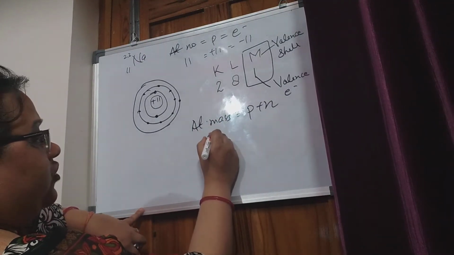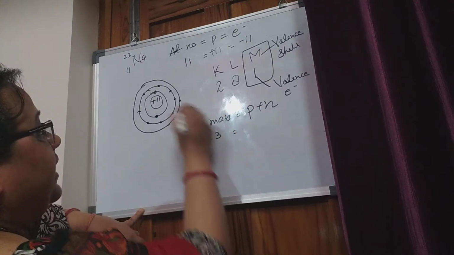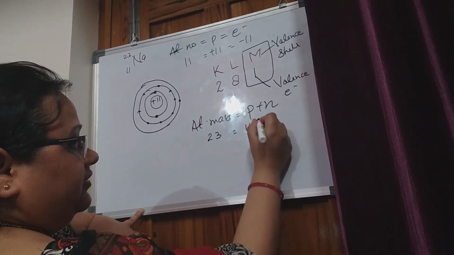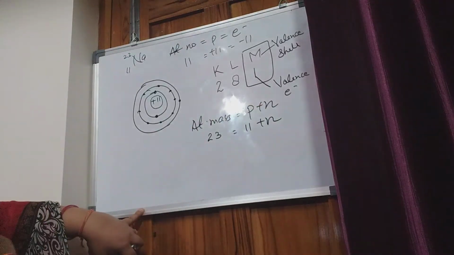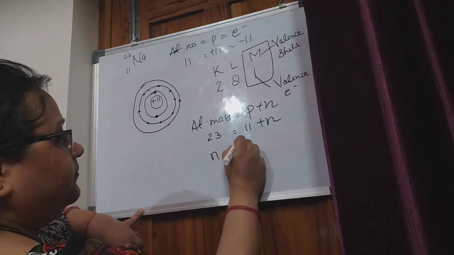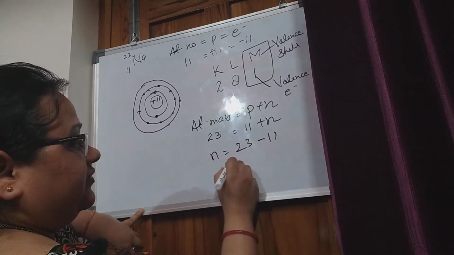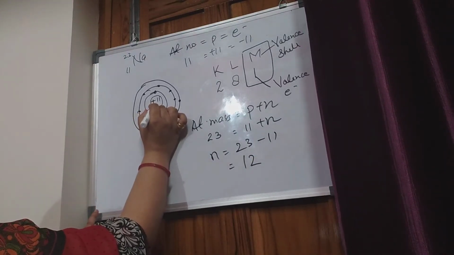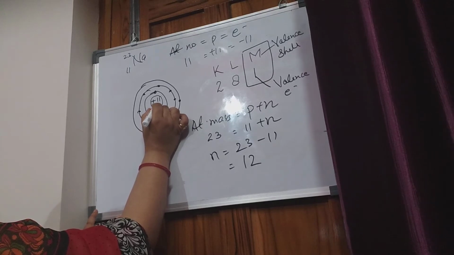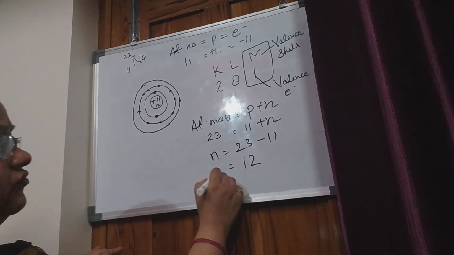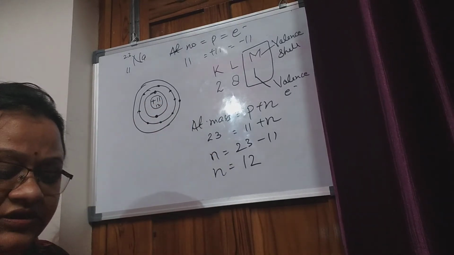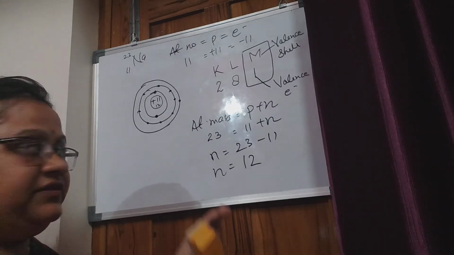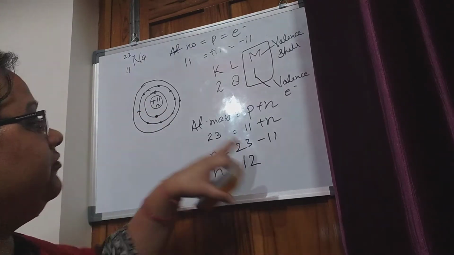If atomic mass is 23 and protons are 11, then we will calculate the number of neutrons. Neutrons will be 23 minus 11, which is equal to 12. It means the number of neutrons present over here is 12. 12 neutrons are there, and 11 electrons and 11 protons are present.